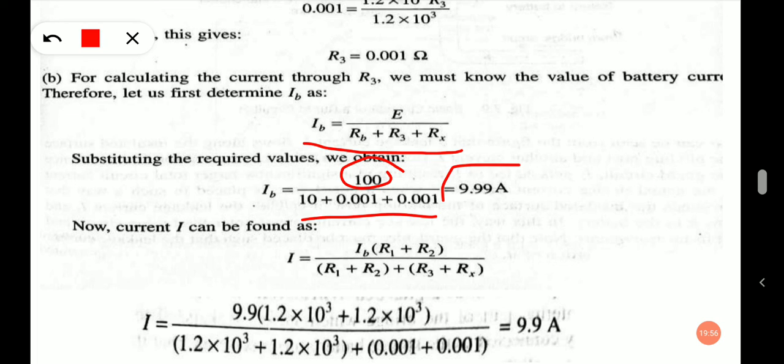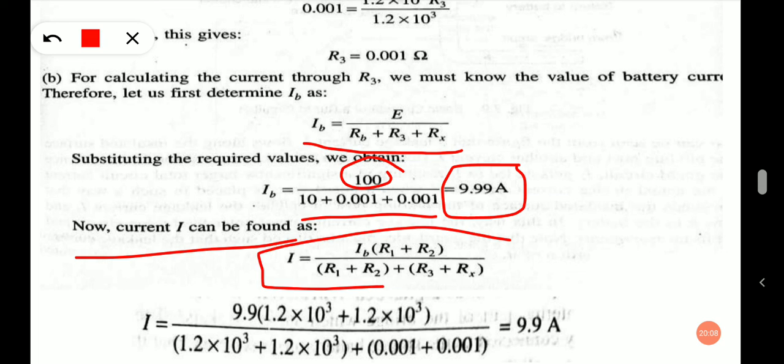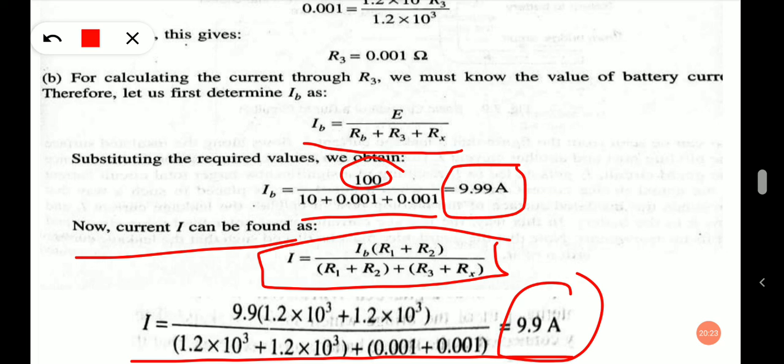So if we calculate this battery current, it will be 9.99 ampere. Now the current we can calculate, that is I equals IB in bracket R1 plus R2 upon R1 plus R2 plus R3 plus Rx. If we substitute all the values, then we will get the value of current flowing through the resistance R3, and it will be 9.9 ampere.